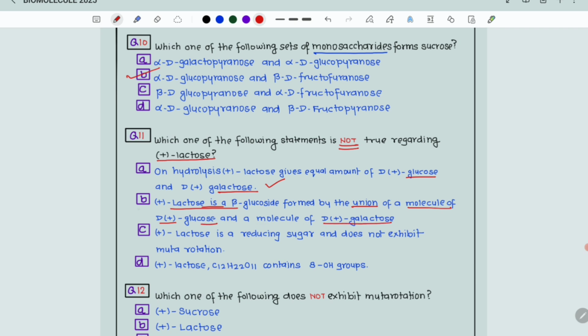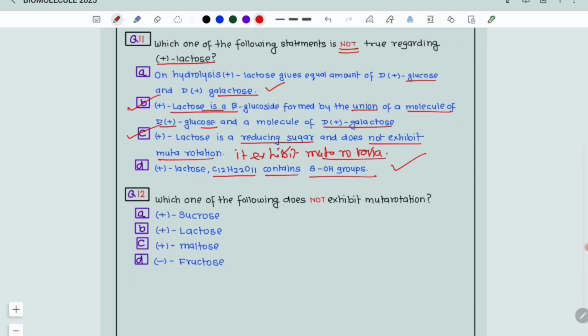Yes, it is also correct. Lactose is a reducing sugar. Yes, and does not exhibit mutarotation. No, it exhibits mutarotation, and thus that option is not true for this question. And lactose C12H22O11 contains 8 OH groups. It is a correct option.